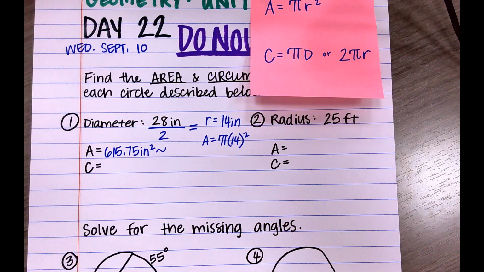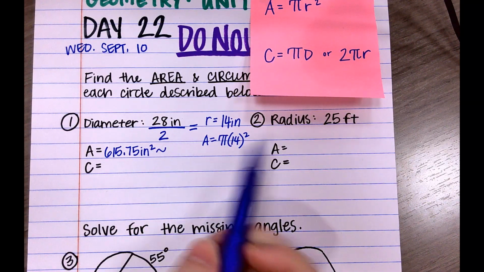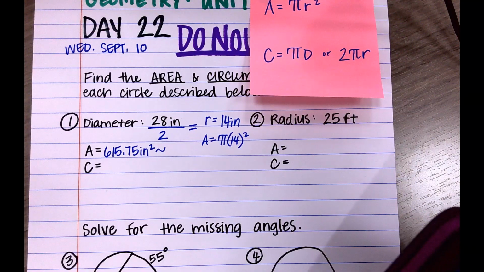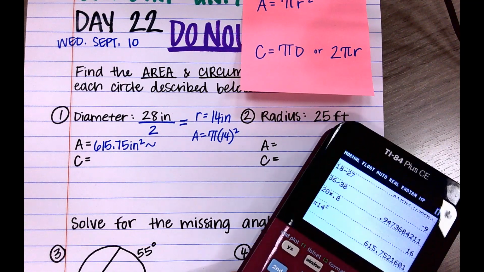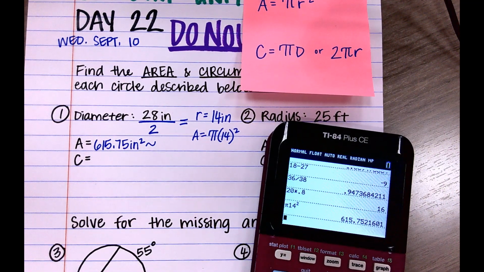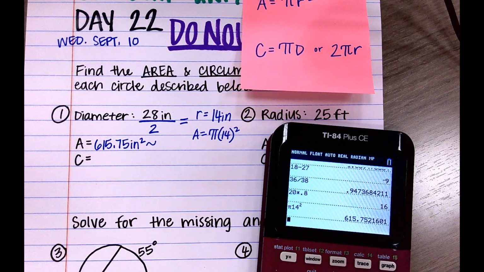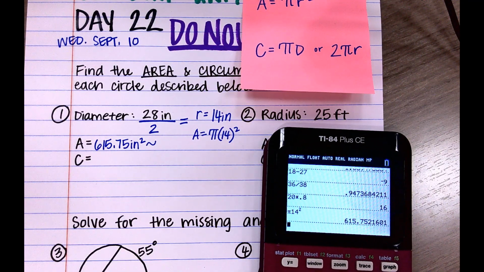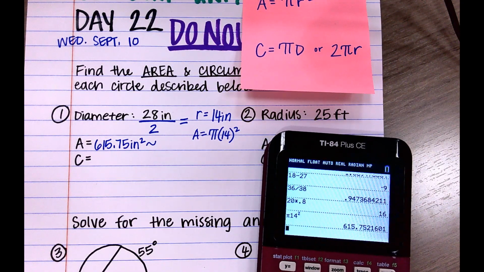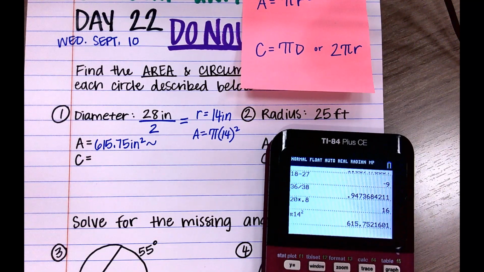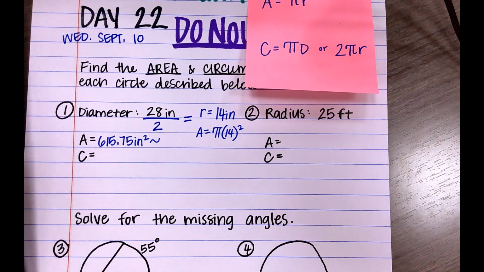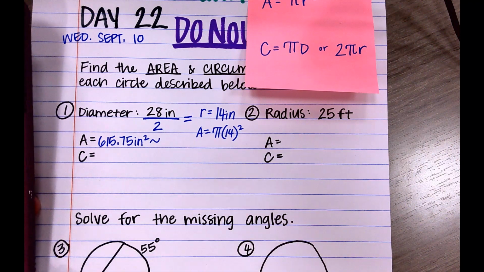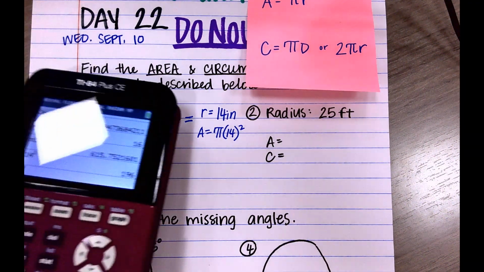What would my exact area be? How would I write that? Do we remember? Any ideas? Yes. 196 times pi.